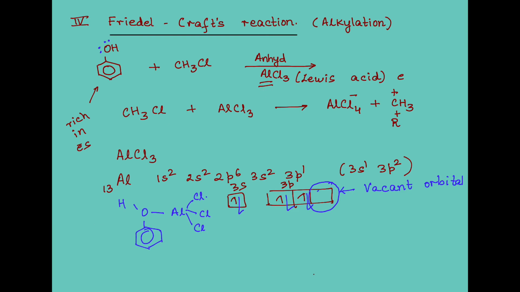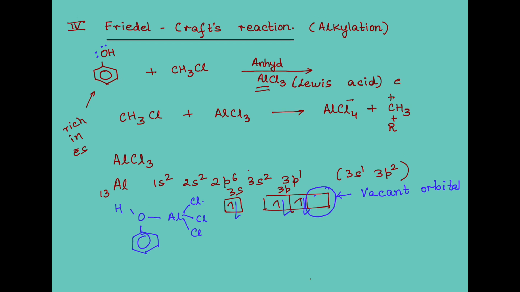And that affects the formation of products. So in the case of Friedel-Crafts alkylation reaction, we find that we are only getting the monosubstituted products. We do not get the tri-substituted products. In fact, the yield of these alkylated products is also very less.